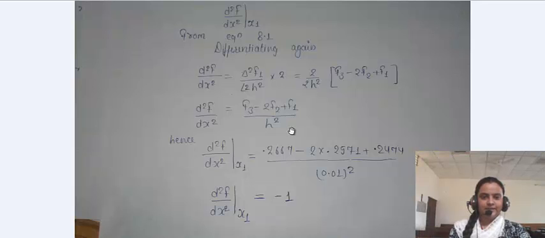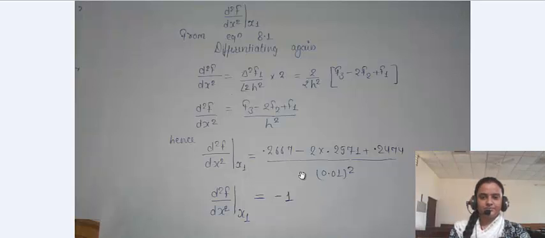Here we can see that the double differentiation of the function is independent of x. So for any value of x, the double differentiation will be a constant. So to find d square f upon dx square at x1, it is equal to 0.2667, that is f3, minus 2 into 0.2571 plus 0.2474, upon 0.01 square.